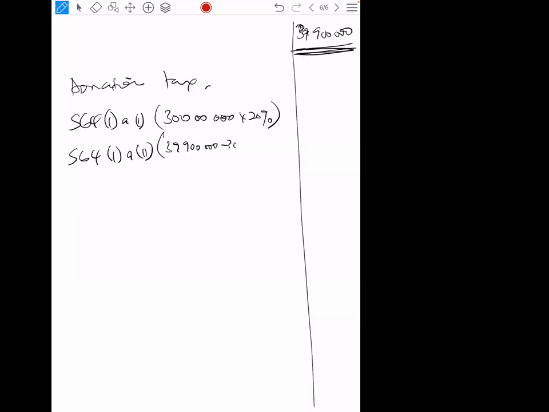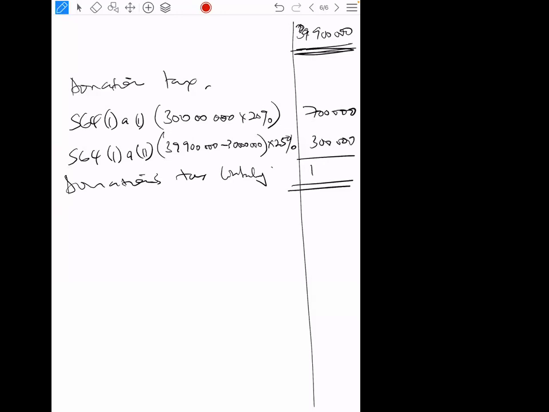We have taxed 30 million in subparagraph 1. So the amount that is not taxed under subparagraph 1 shall then be taxed at 25%. Then this becomes the donations tax liability. The total of these two, if that one is 700 and this one is 300, it's 1 million. So you should be able to calculate the total amount there.